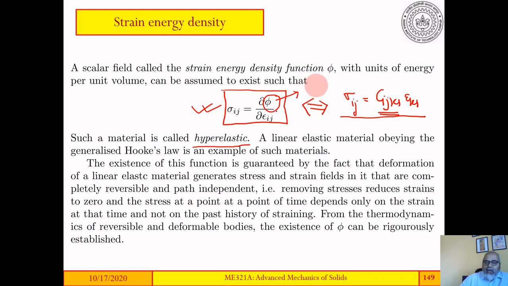Why do we state it in this particular way? Because we are not always only dealing with linear elastic materials. So it is not necessary that phi would always be a quadratic function of strain.